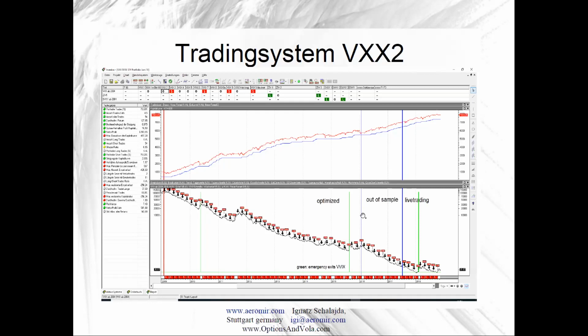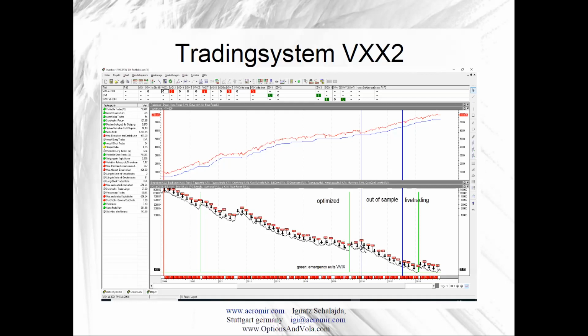Here, this was training. The system was trained to get good results, not the best, but robust. And from here, the system doesn't know which data is coming. It's running out of sample from February 2016.